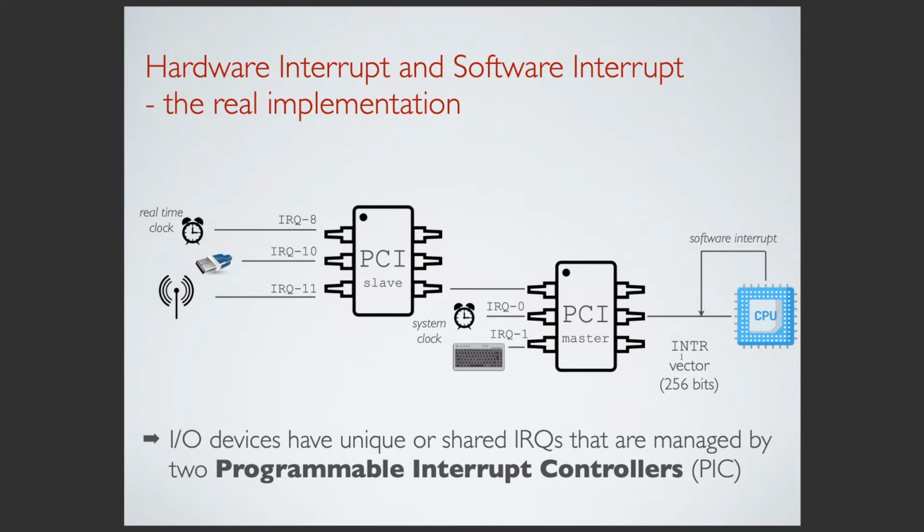So do we have 2 to the power 256 entries on the table? I need to check, but no, I don't think so. There are actually 256 entries in the table. The idea is that you can tell the CPU that you have multiple interrupts coming, but that's configurable.